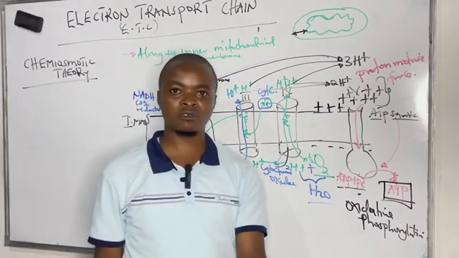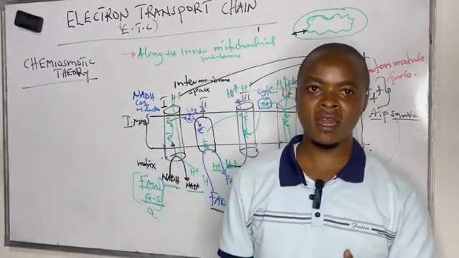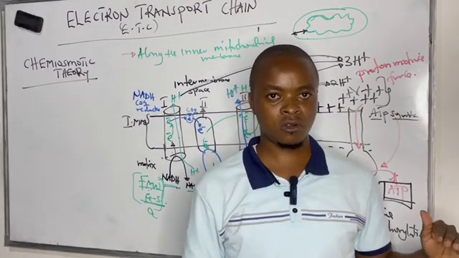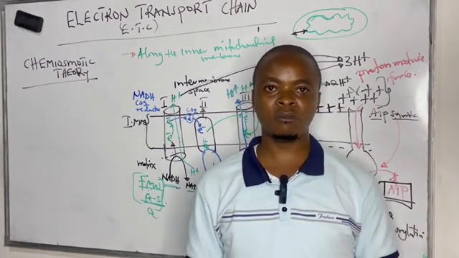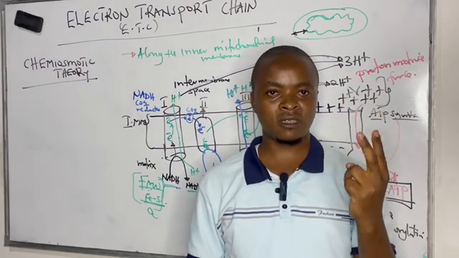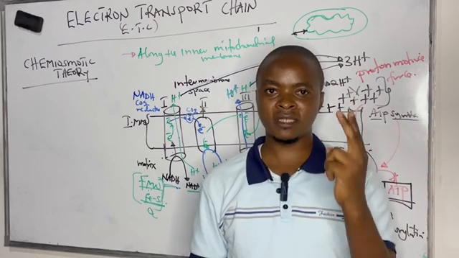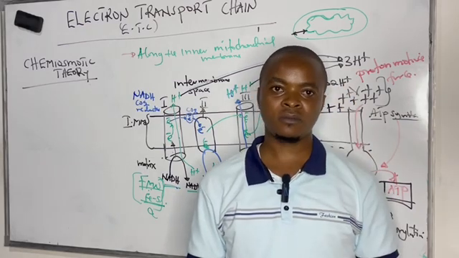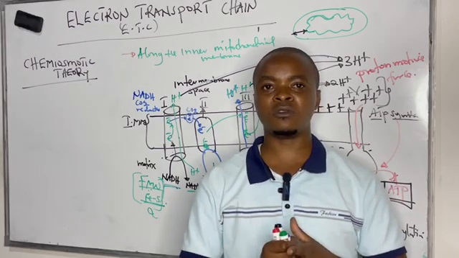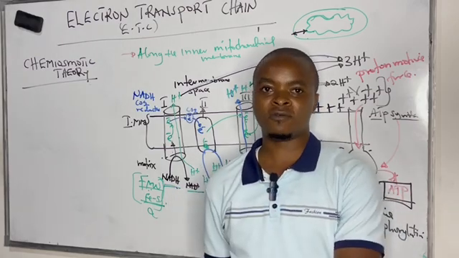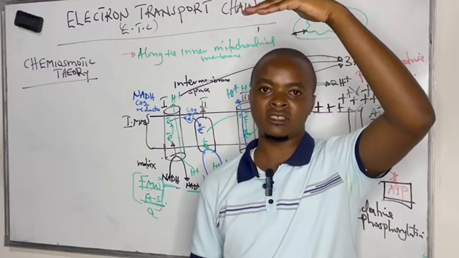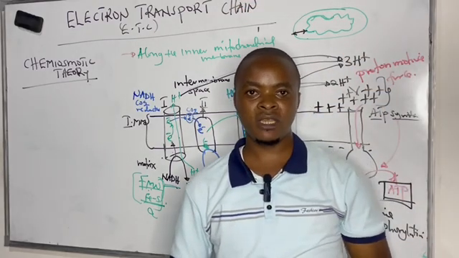What do you need to know about the chemiosmotic theory? One, that the inner mitochondrial membrane is impermeable to protons. And the protons are moved via complex 1, complex 2, complex 3, and complex 4. That movement, or efflux, of protons creates a negative charge or deficit inside the mitochondrial matrix and a positive charge in the intermembrane space.